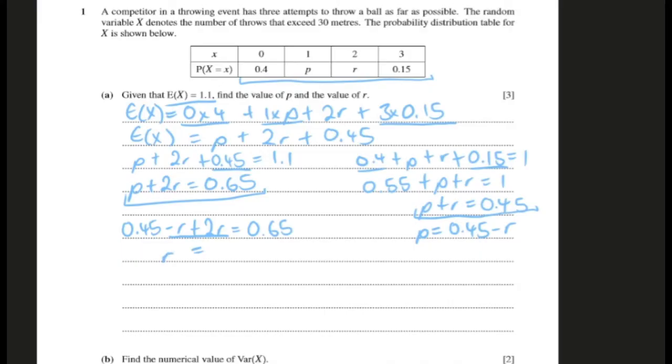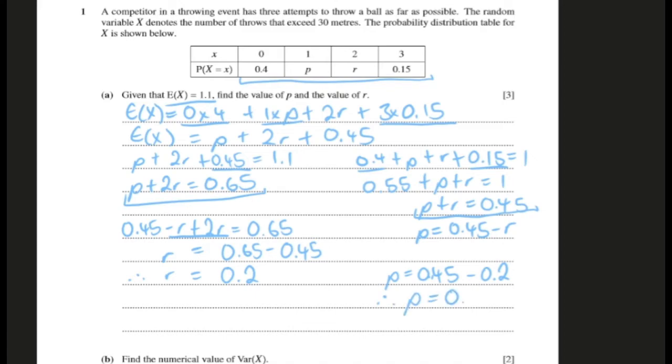So therefore r is equal to 0.2. And now let's evaluate p. p is equal to 0.45 minus r, and our r is 0.2. So therefore p is equal to 0.25.